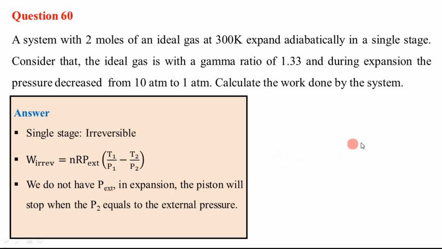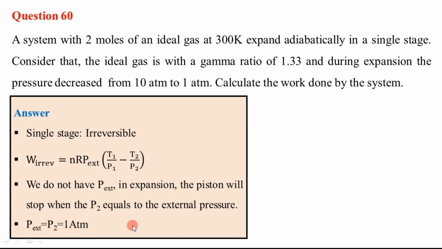During expansion, the pressure decreased from 10 atmosphere to 1 atmosphere. That means this is the final pressure, and this is also the external pressure, because the expansion stops when the final pressure P2 is equal to the external pressure. So the external pressure is equal to P2, which is 1 atmosphere.